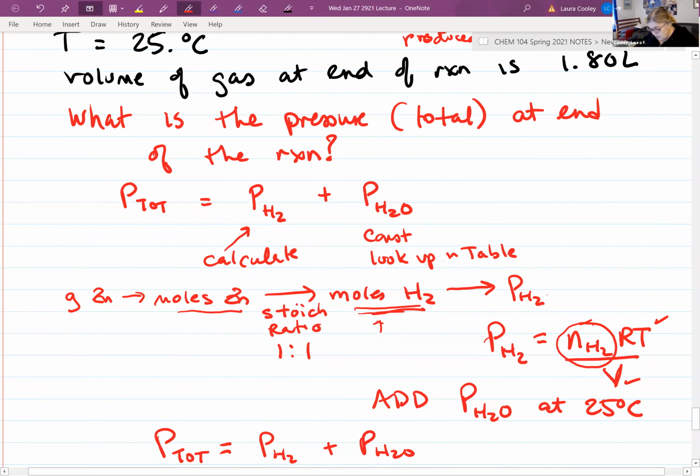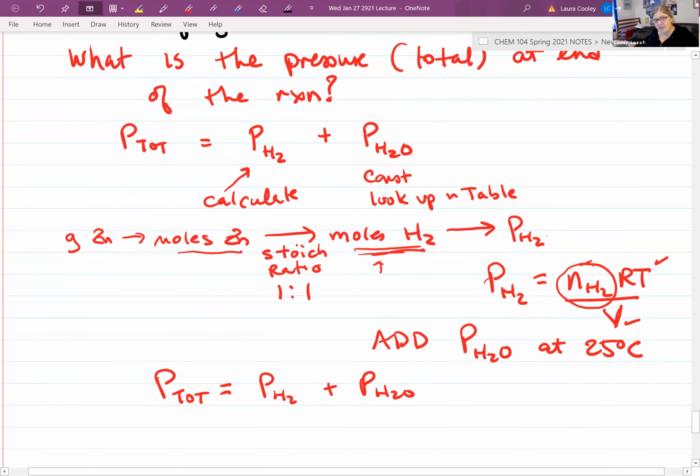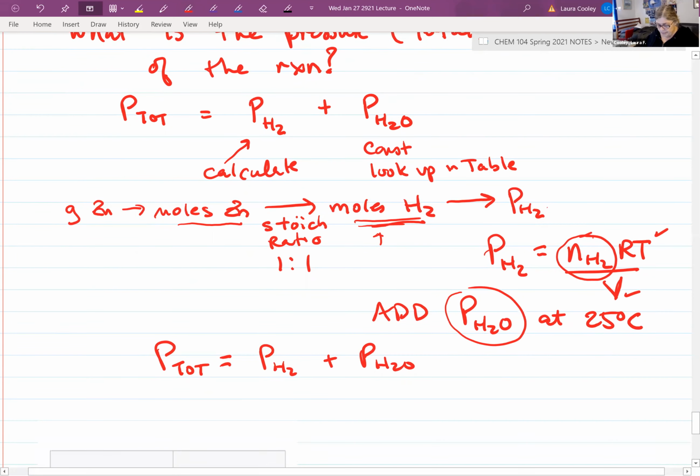So you'll take moles times RT over V. Notice that's PV equals nRT, right? For PH2 and nH2. That's how you'll get the partial pressure of H2. And then to get this, you just look it up on a table, which I'll show you in a minute. Okay? Okay, thanks.